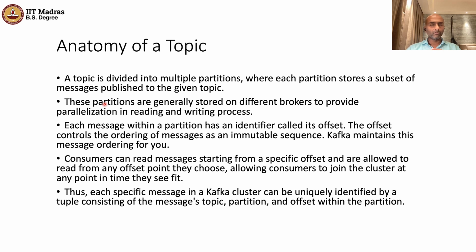That way, you are able to fully leverage all of the brokers' combined capacity and get the scalability and the parallelization that was required. In fact, when the consumer consumes from the partitions, they can read in parallel from all of these partitions at the same time. So that makes for a dramatic improvement in terms of throughput and scalability as well.